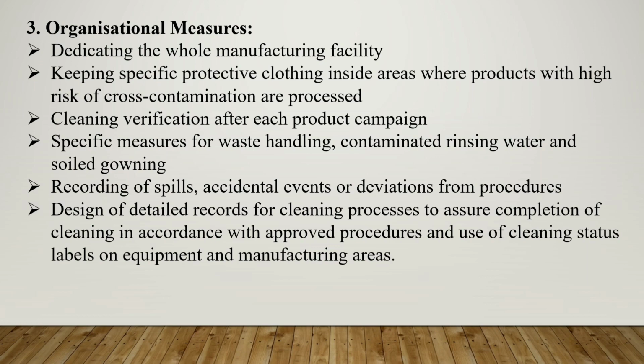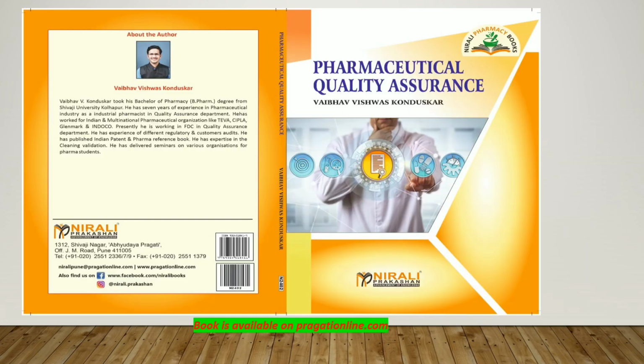Then design of detailed records of cleaning processes to assure completion of cleaning in accordance with the approved procedure, and use of cleaning status labels on equipment and manufacturing areas. So these are the different organizational measures mentioned in the EU guideline. So in that way we can control the cross contamination.